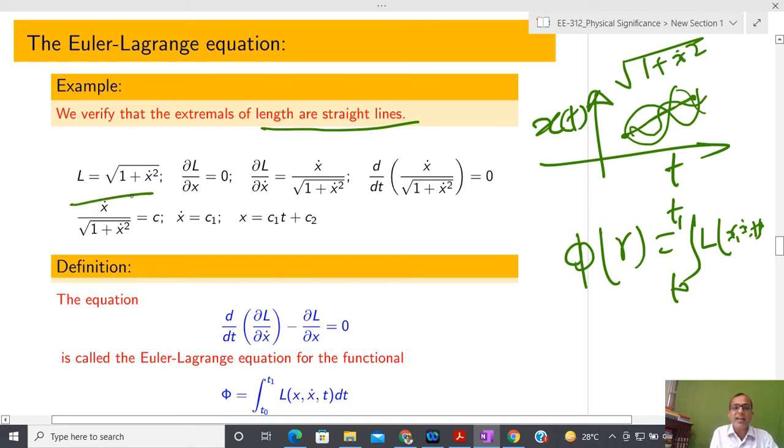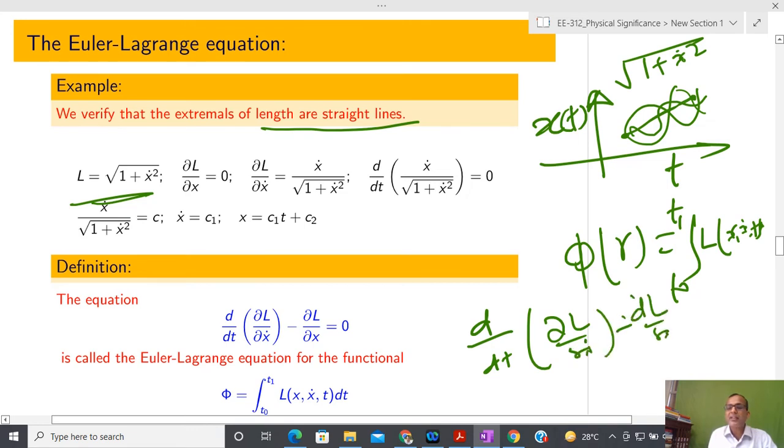Now whenever an extremal happens, the relation we just derived is d by dt of dou L by dou x dot minus dou L by dou x equal to 0. So I am going to calculate dou L by dou x. Since L is just a function of x dot, that is 0.